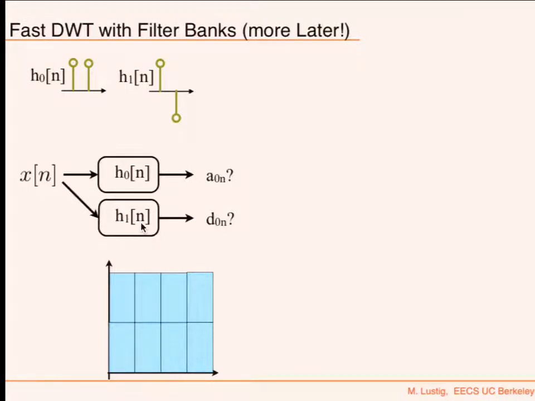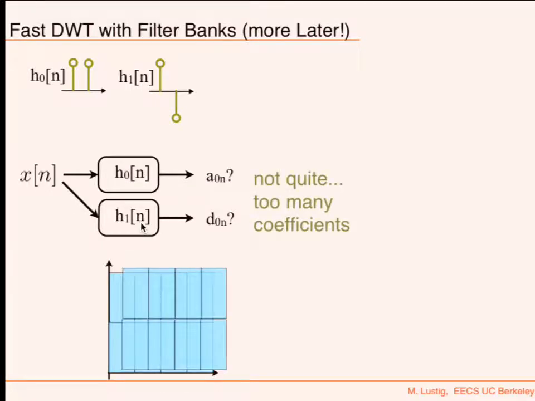If I do that, how many coefficients am I going to end up with? I'm going to end up with too many coefficients because I'm looking at all possible translations.